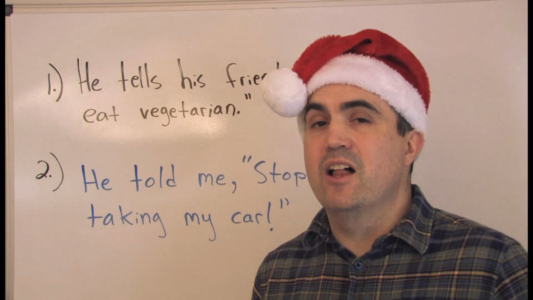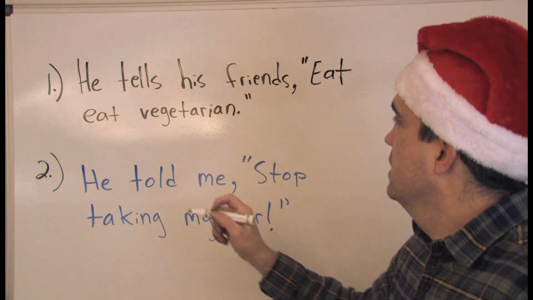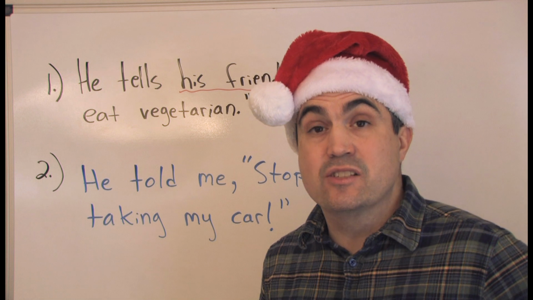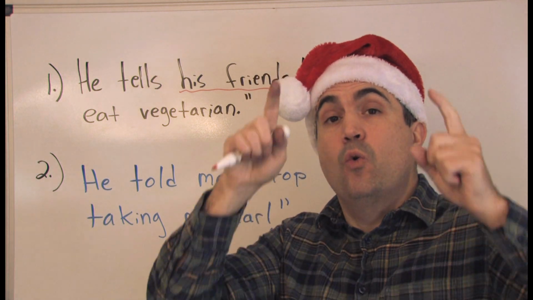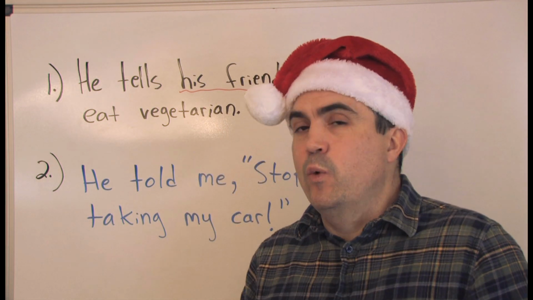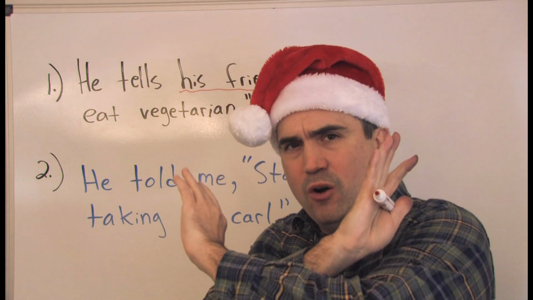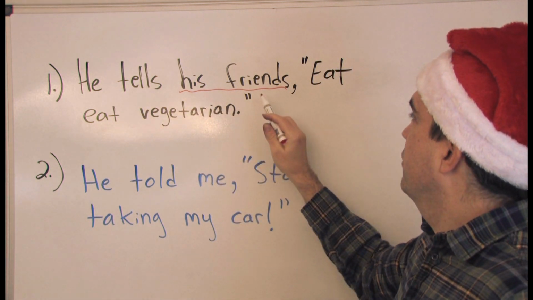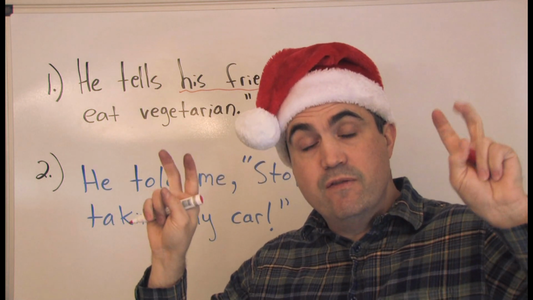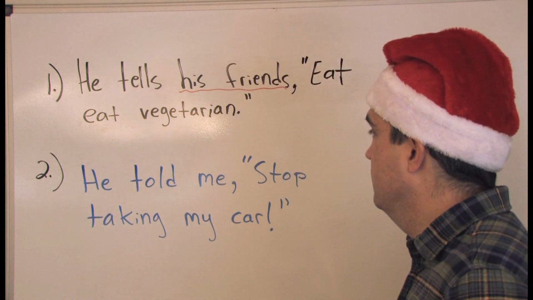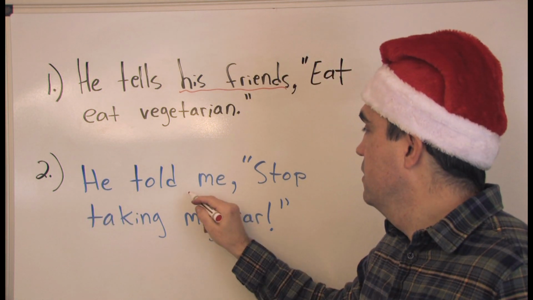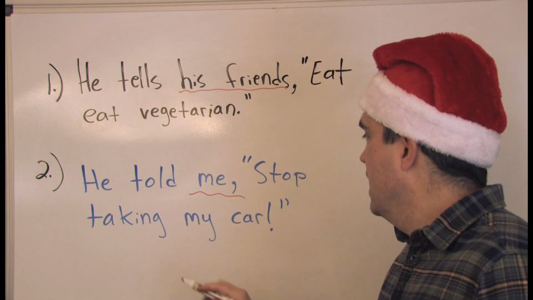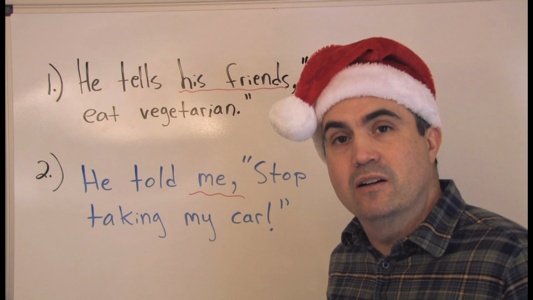Okay, using tell with quoted speech. He tells his friends. When we're using tell, we tell someone. We don't tell to someone. No, we tell someone. He tells his friends, "Eat vegetarian," right? He told me, "Stop taking my car."